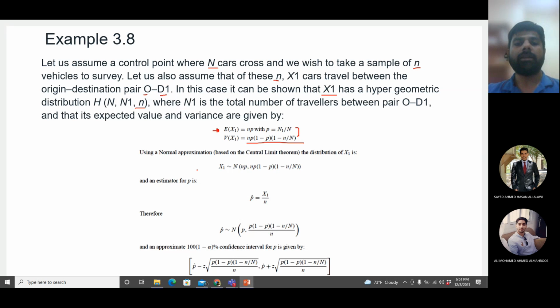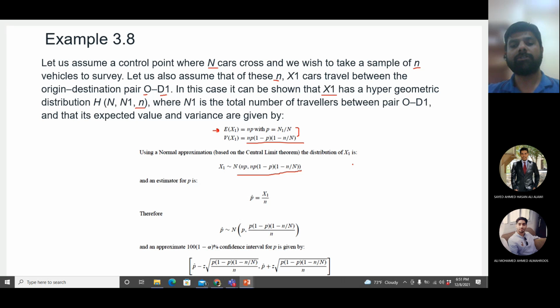Now if you assume that x1 follows normal distribution, or x1 can be normally approximated, then the distribution of x1 can be given by this equation, where np is the expected value, and what is this whole thing? The variance. And if you remember, this is how you show that some parameter follows normal distribution.